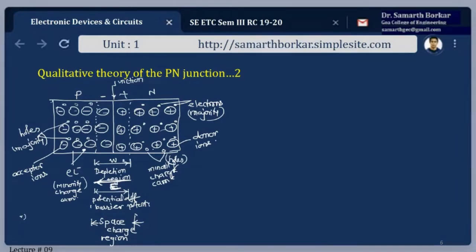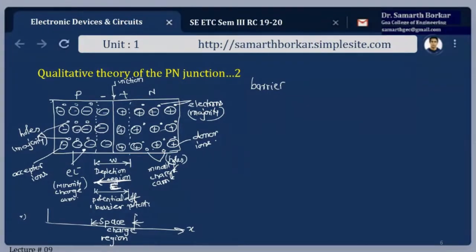Now, the electric field between this acceptor and the donor ions is referred to as barrier. And normally we mark this in an x direction, so it will have some units, distance.